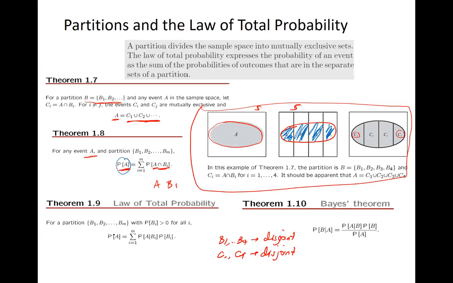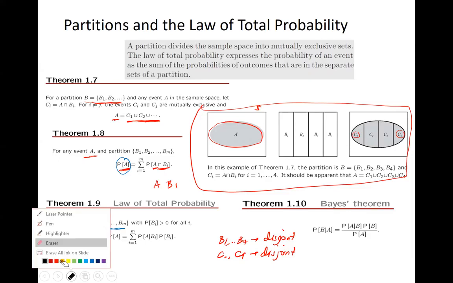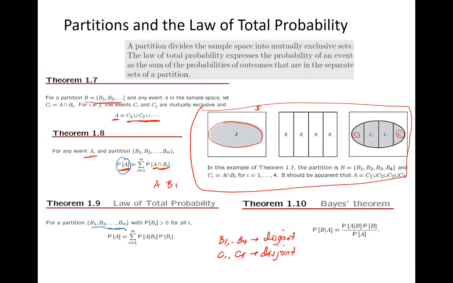And law of total probability, we have partitions B1 to B4, as we said earlier. So here are the partitions. And the probability of Bi is greater than 0 for all i's, and probability of A will be, using this actually, summation of probability of A given Bi times probability of Bi.